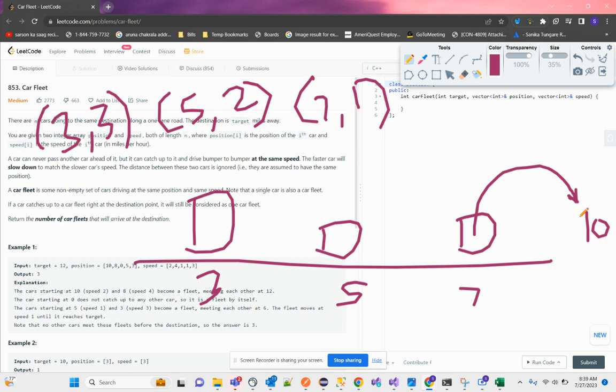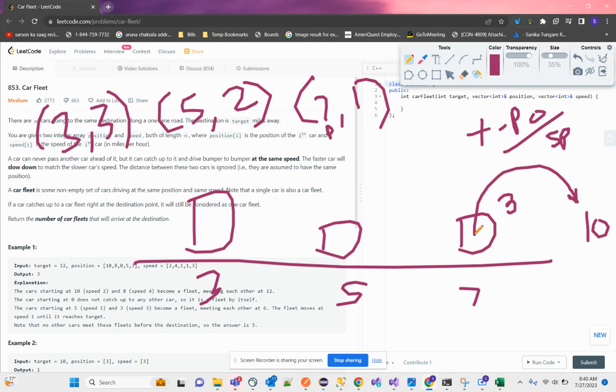How to calculate the time? That is 10 minus 7 divided by 1, meaning it is taking target minus position divided by speed. This is the position and this is the speed. So the time becomes 3, because 10 minus 7 is 3, divided by 1 is 3.